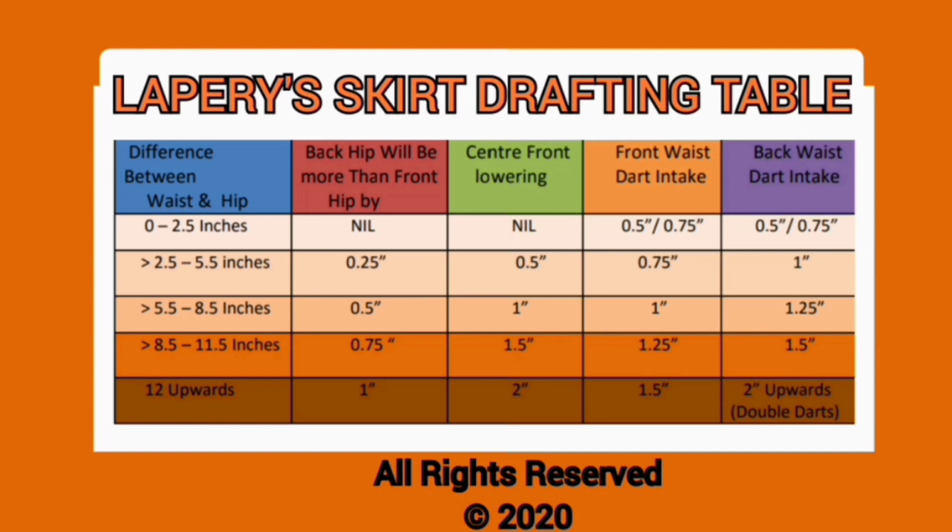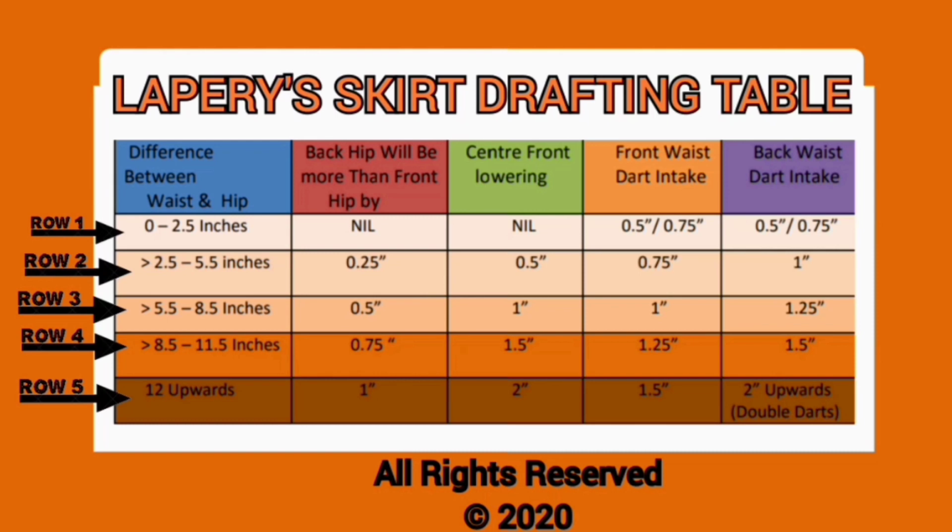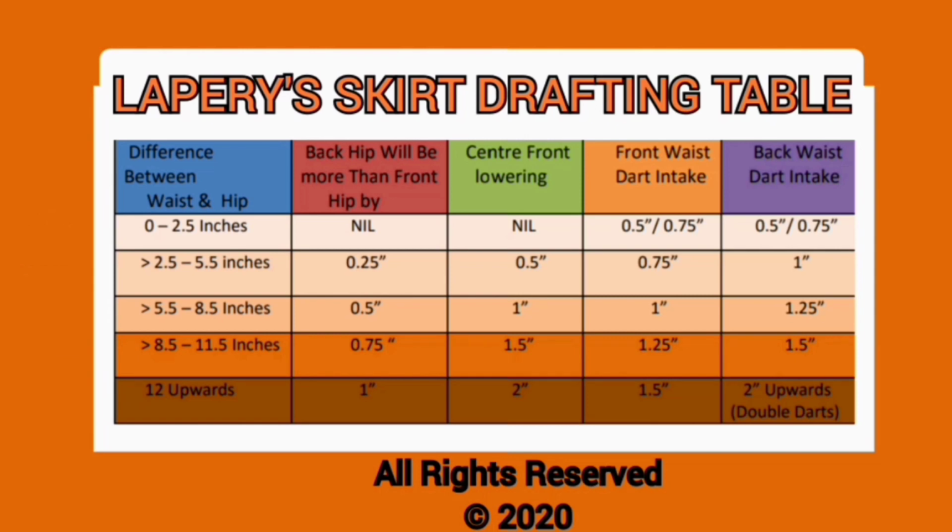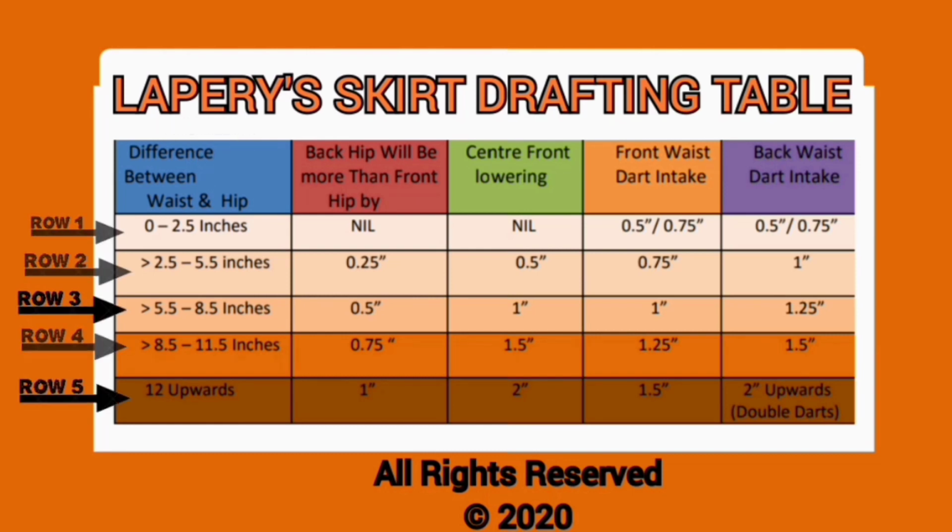Now the rows guide us to be able to effectively use this skirt drafting table. So if you want to draft your skirt pattern, having checked the difference between your waist and hip measurement, wherever it falls, you look for the row where that value falls.